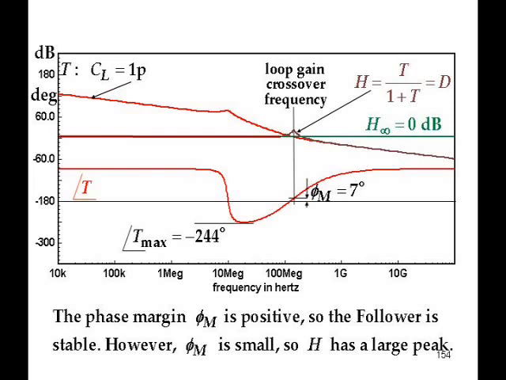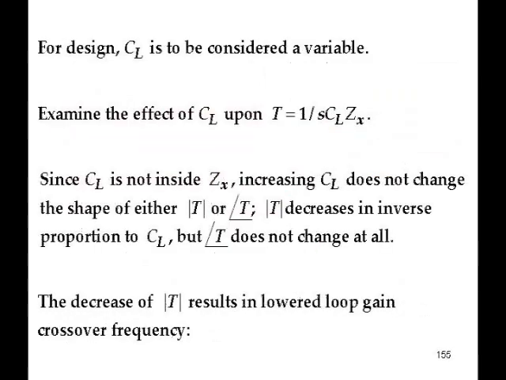Now, for design purposes, the load capacitance has to be considered a variable. You don't have control over that. What is the effect of CL upon the loop gain?